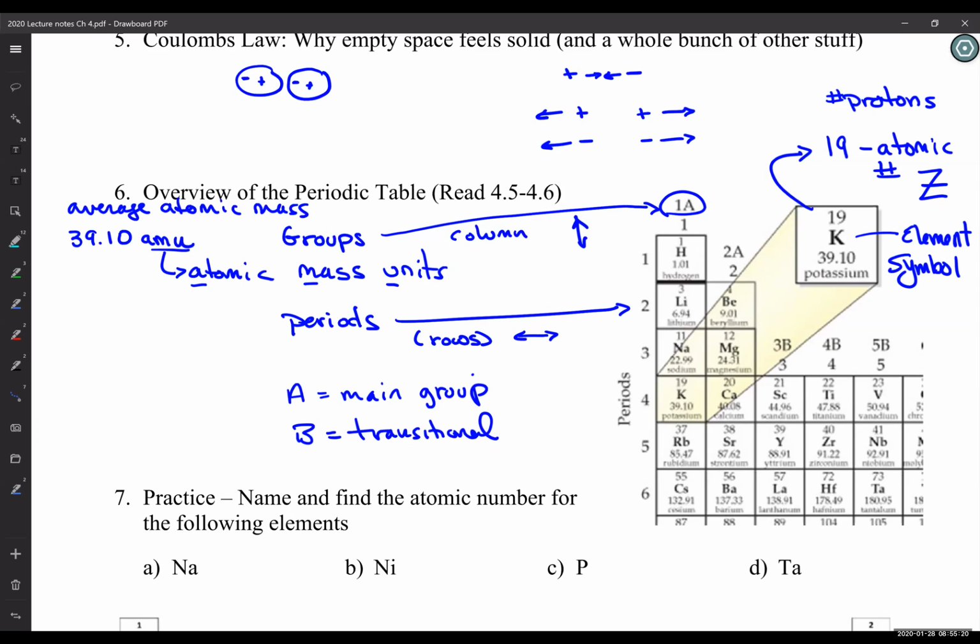And the reason it's an average is because when Dalton said all atoms of an element are the same, he was actually wrong. He was close, but atoms of an element can be different in their weight, but still their properties are basically the same.